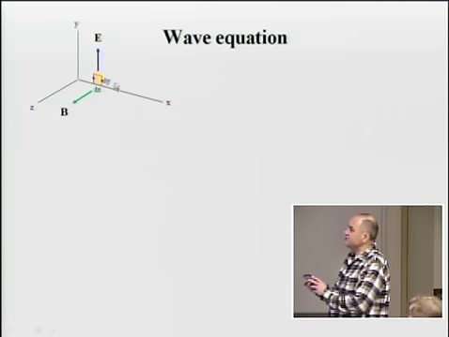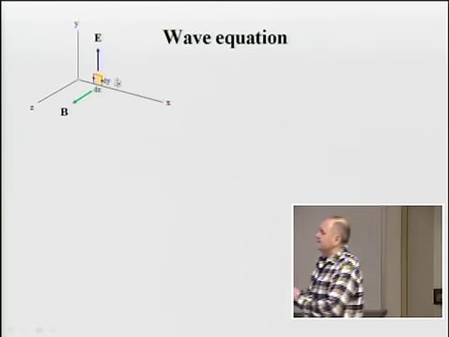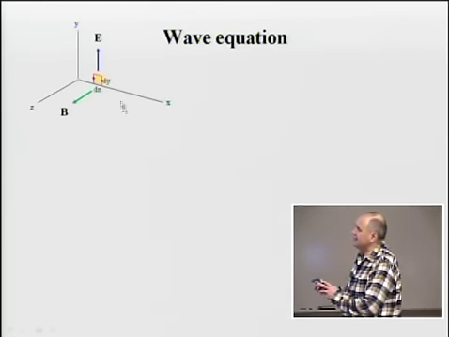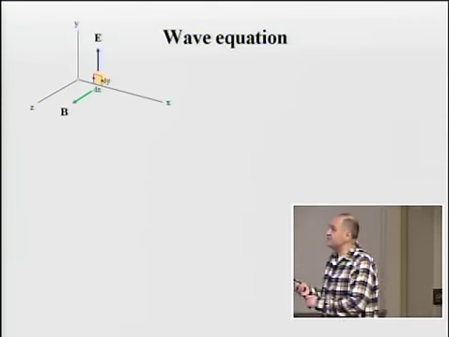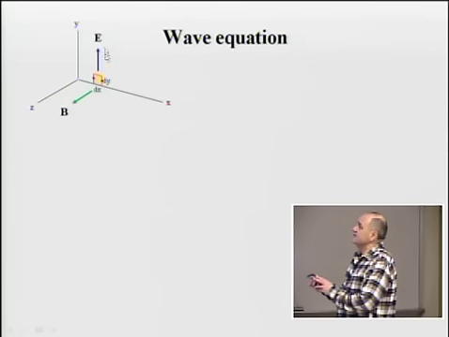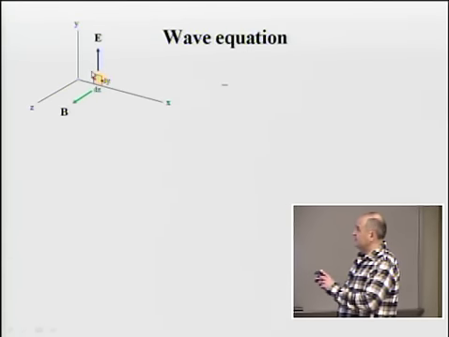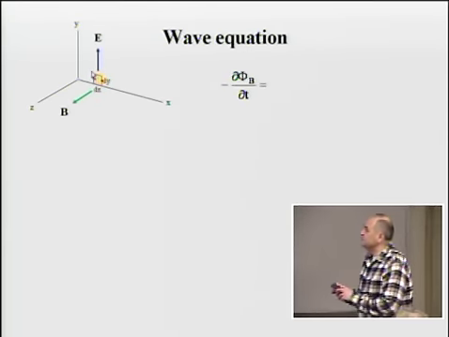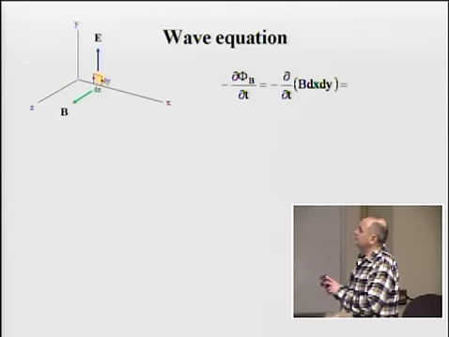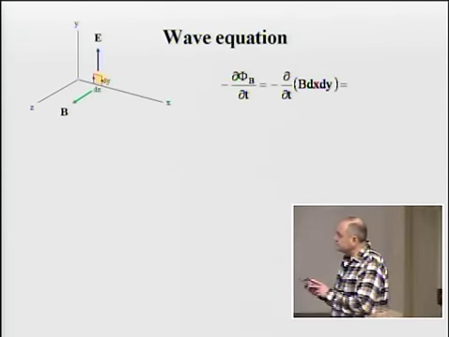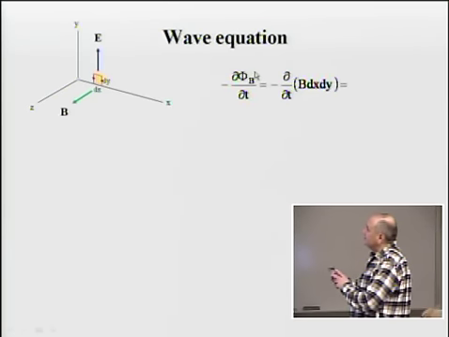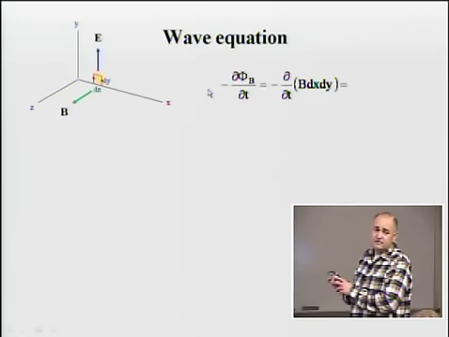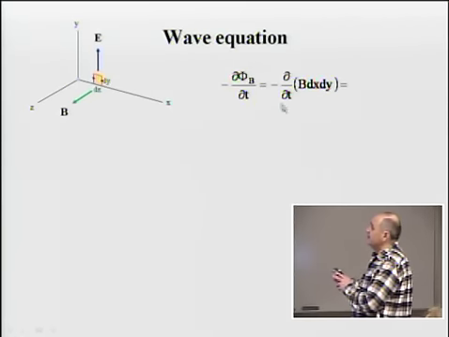I consider here a differential loop. Each of the sides of this rectangle, you can even think that it is a tiny square, is differential. And let's say that we have an electric field in this direction. One of Maxwell's equations is Faraday's law of induction.